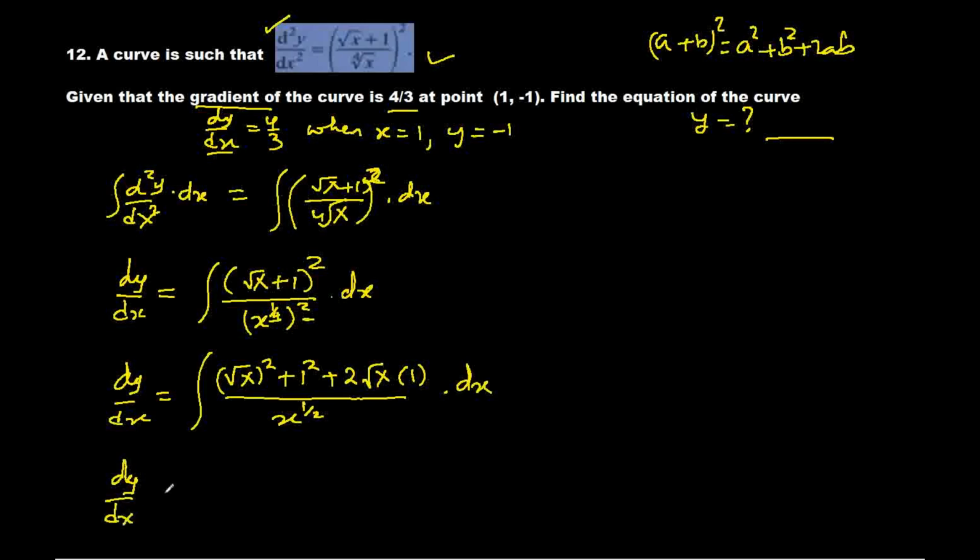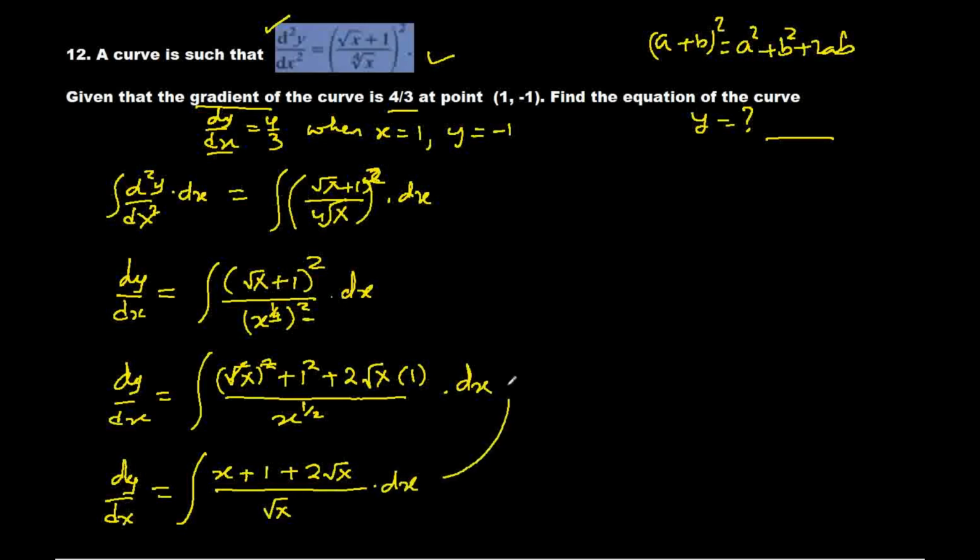Dy over dx equal to, square root and square cancel. So we have not integrated yet, so we have to write this integration sign. X plus 1 square is 1 plus 2 square root x, divided by x to the power half, or let's write it square root x because I want to cancel this dx.